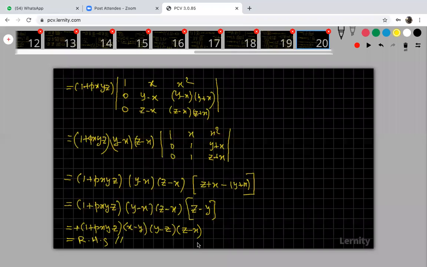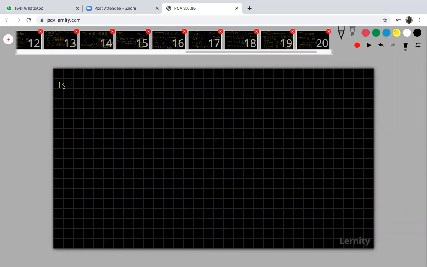Look at question number 15. What is question number 15? Prove that using properties.